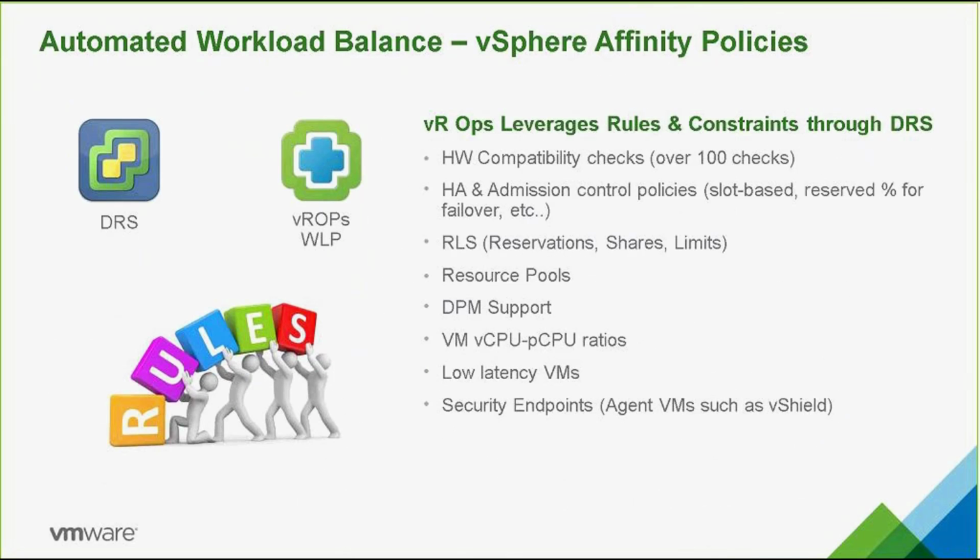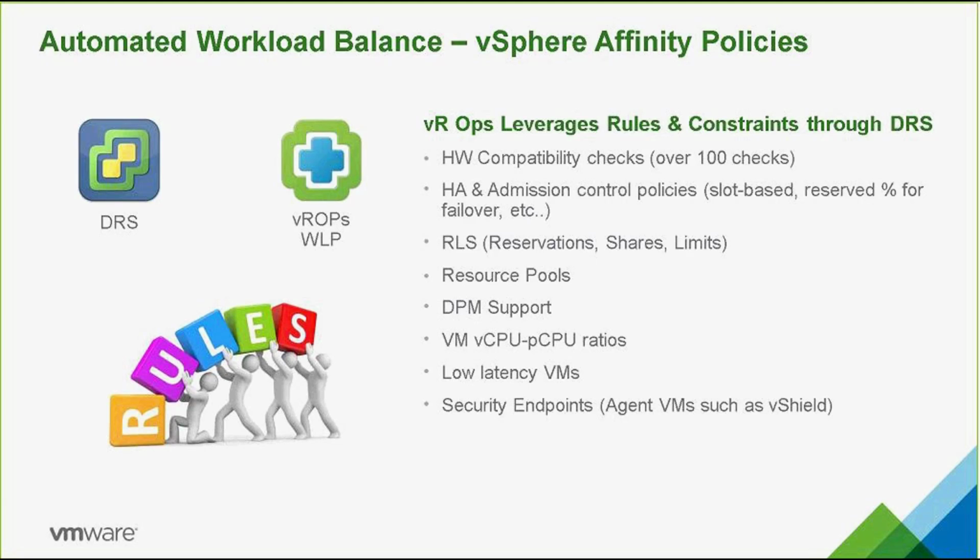Now, if you remember, I spoke about the policies piece. I spoke about the business and availability policies. And essentially what we do is we leverage all the rules which you have created within DRS or within vSphere. We leverage and honor them to ensure that we are not stepping over certain design decisions which you have taken for your vSphere infrastructure.